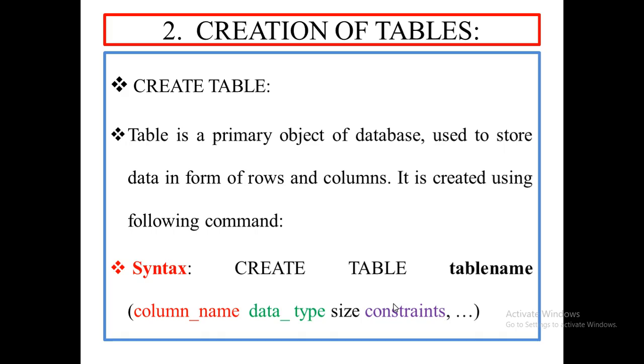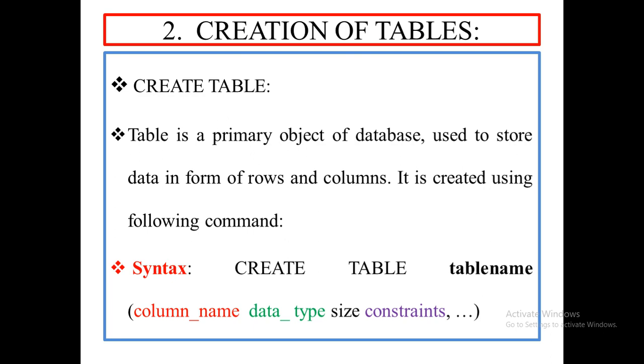Very good. Then after we do this, we are going to create the table, where the table is the primary object for the database. The main important thing you need to know in the database is the table.